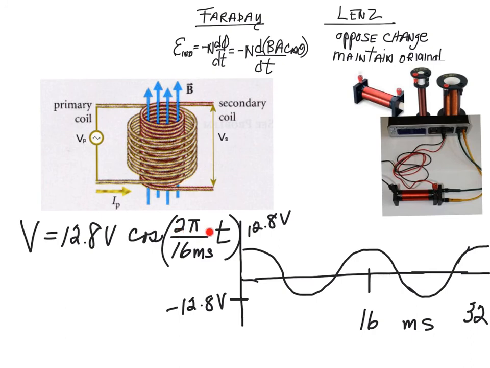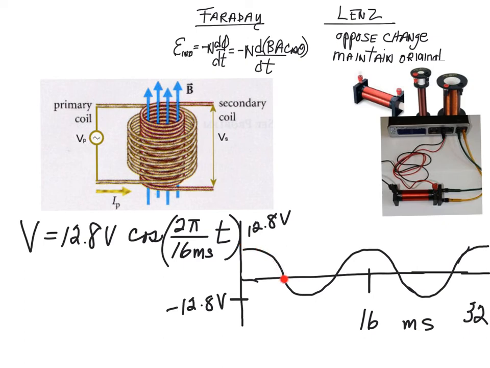Since the cosine varies, this term is going to vary from 1 to -1 back to 1, going through 0. And so when t equals 0, the cosine of 0 is 1. And so we start at 12.8 volts.